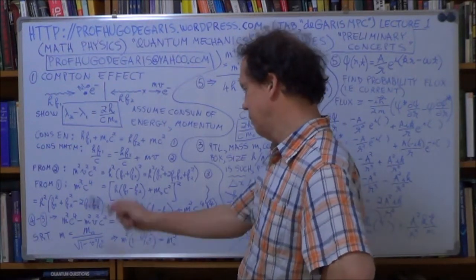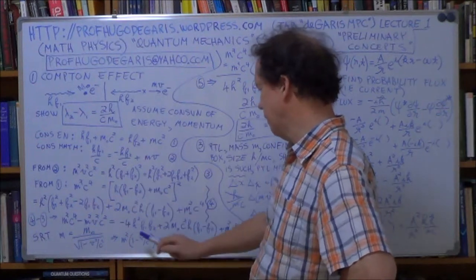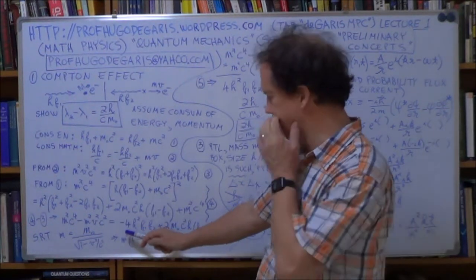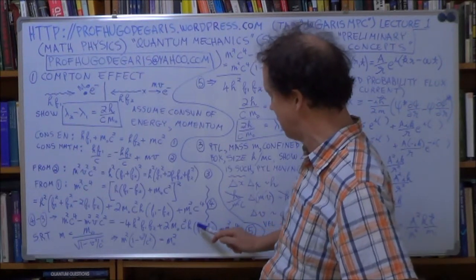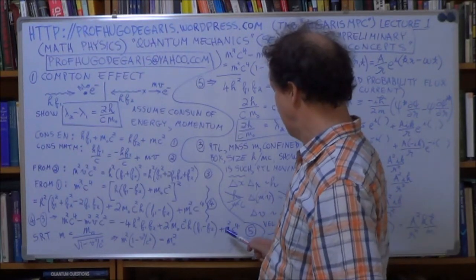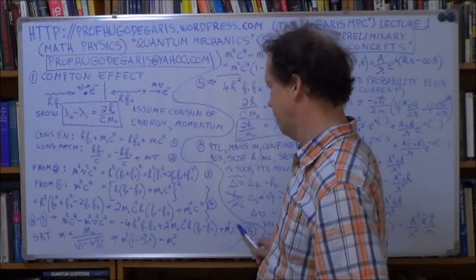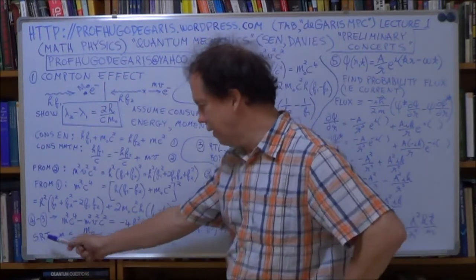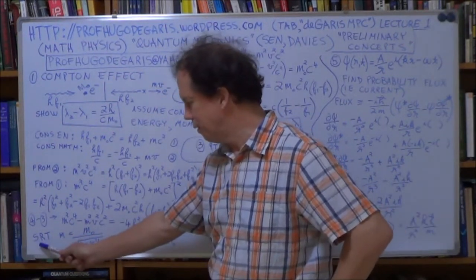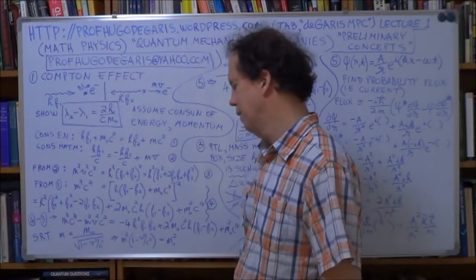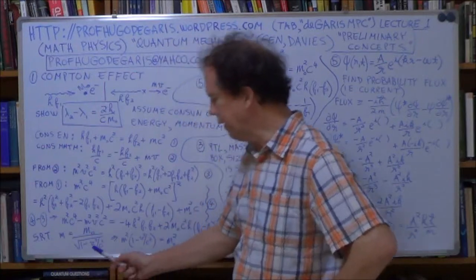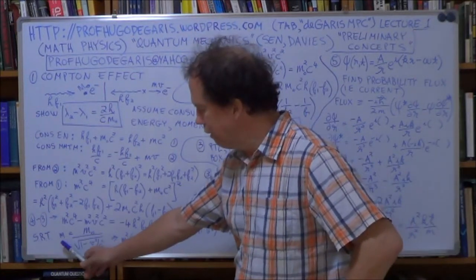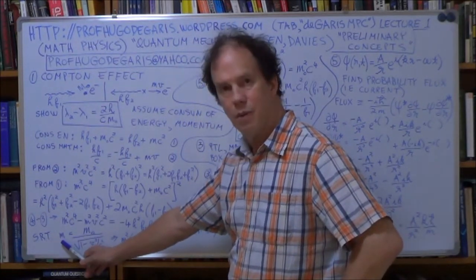So after cancelling stuff out, you're left with this expression: minus 4 h squared f1 f2 plus 2 m naught c squared h f1 minus f2 plus m naught squared c to the 4th. Now here, SRT, special relativity theory, there's a formula for the mass when it's moving.